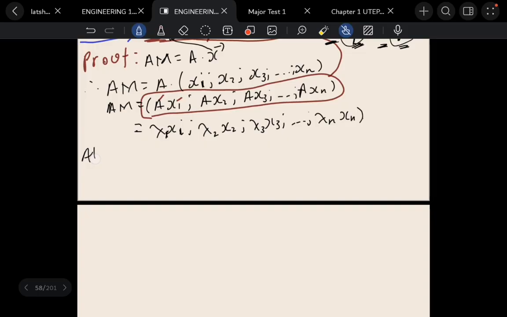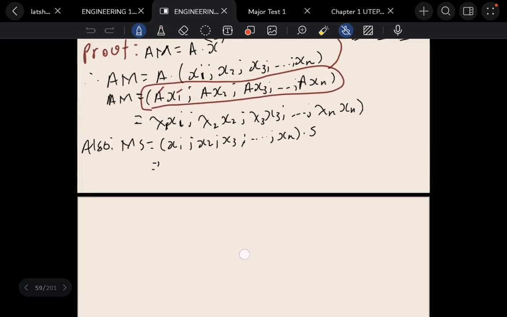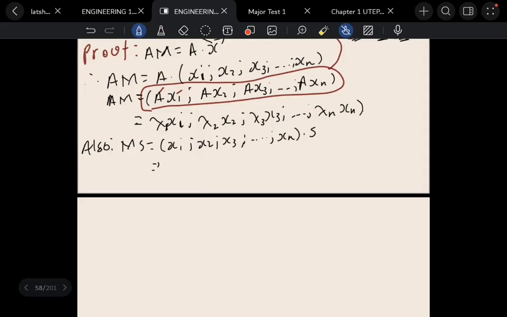And also, let us prove M times S. What is M? It's X1, X2, X3, dot, dot, dot, Xn, times S. What would you get here? You will get lambda 1 X1, lambda 2 X2, because M times S must also give you the same thing.